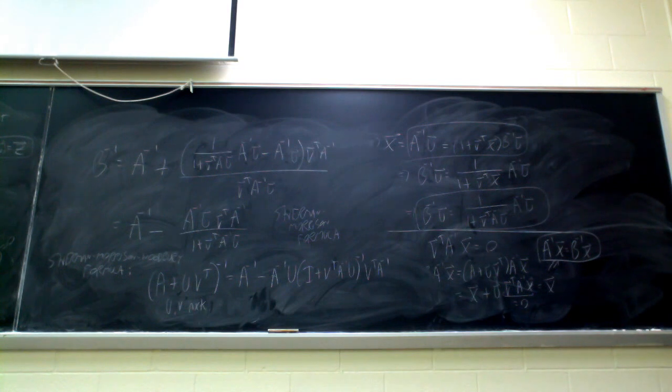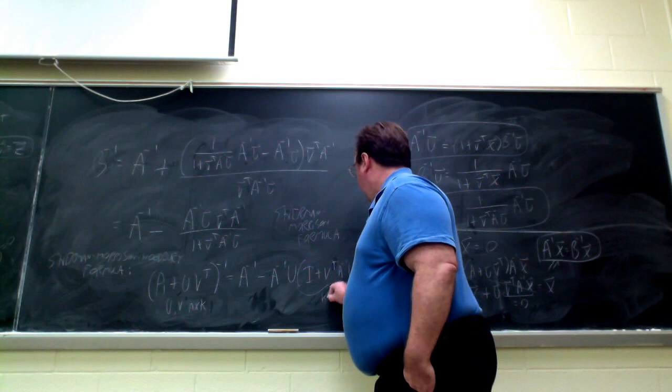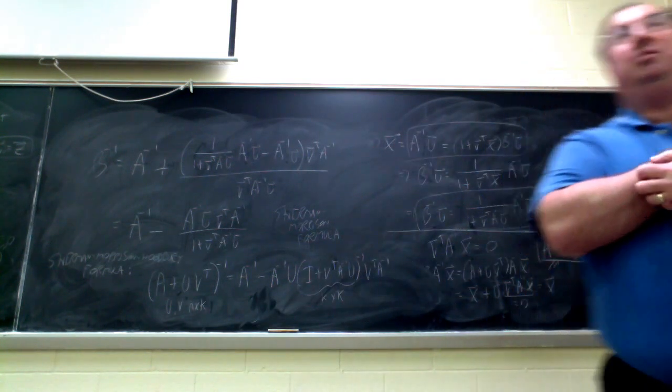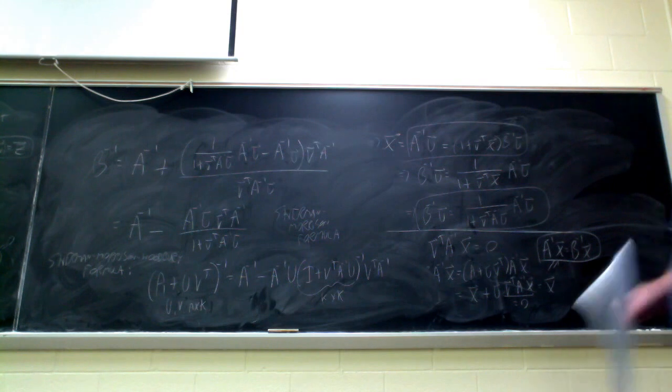And the nice thing is, this matrix here is K by K. So if K is much smaller than N, that's a much easier matrix to invert than the original. Okay. So when you make small changes to a matrix, at least the inverse can be updated. Okay.